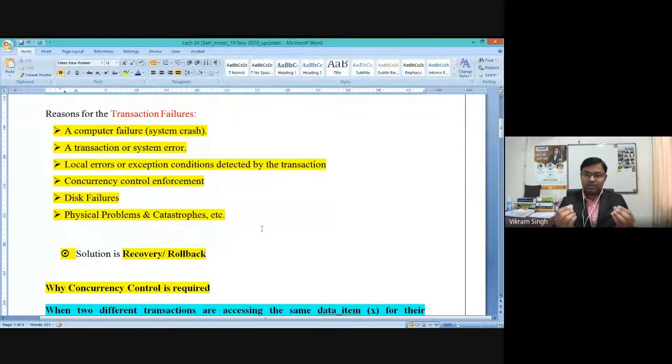So whenever more than one user is accessing item X at the same time, there might be some transaction that is failing for some reason. There are n number of reasons, of which we have seen 5 or 6. Among the various transactions accessing data item X at one point in time, the failure of one of them might lead to an incorrect state of the data item, right?